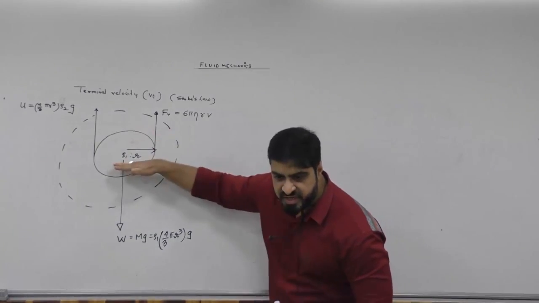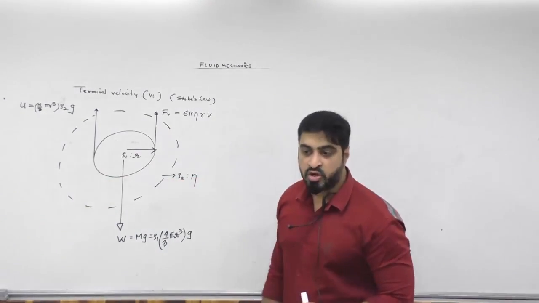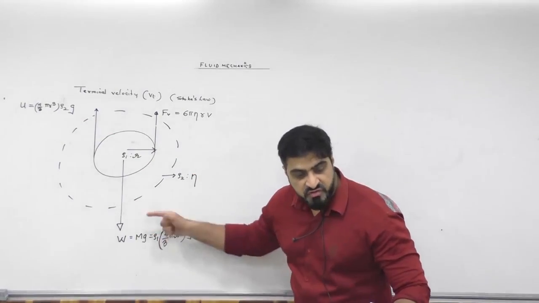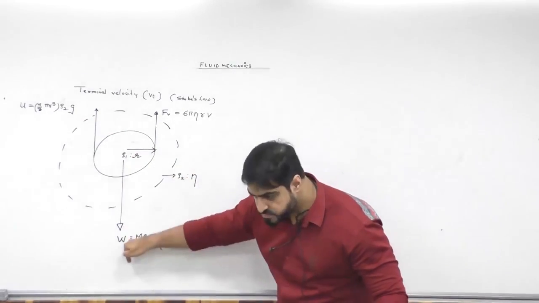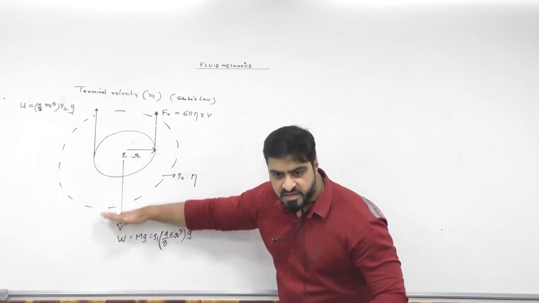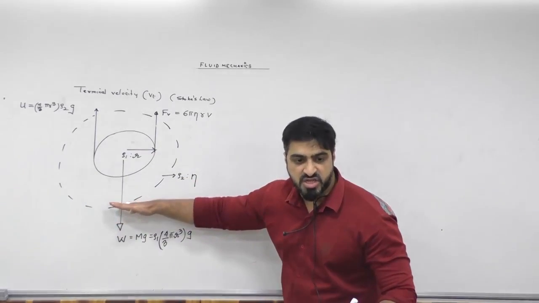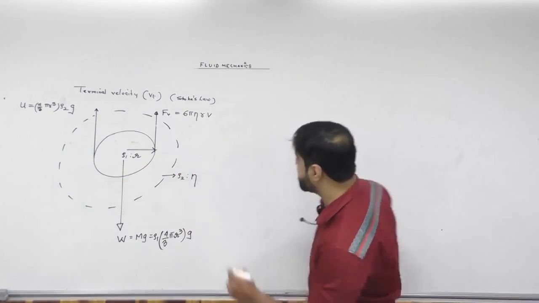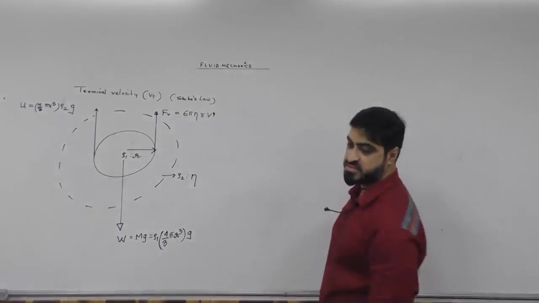Now pay attention to how the net force becomes zero. Suppose at the instant when it starts falling, which is bigger? This is more, this is more. Weight is more, meaning net force is more, meaning it will start accelerating in the downward direction. Accelerating means speed increasing. If the speed increases, can I say this component will increase?